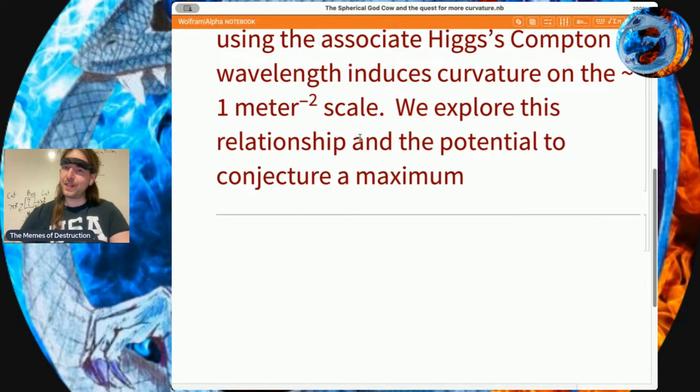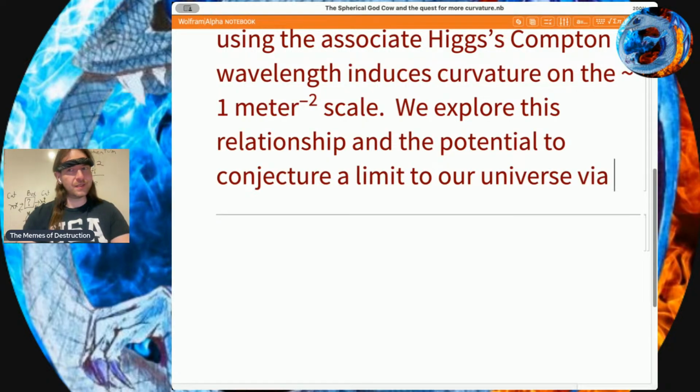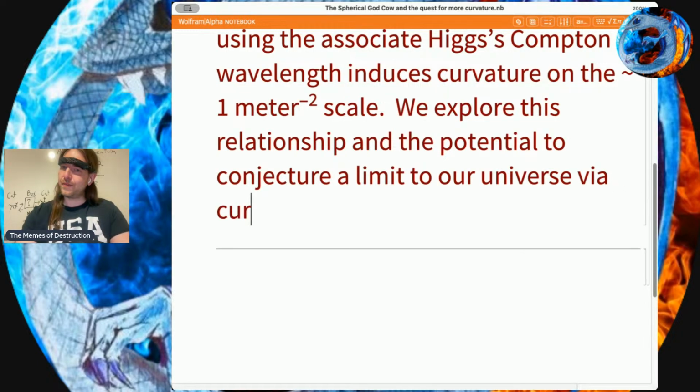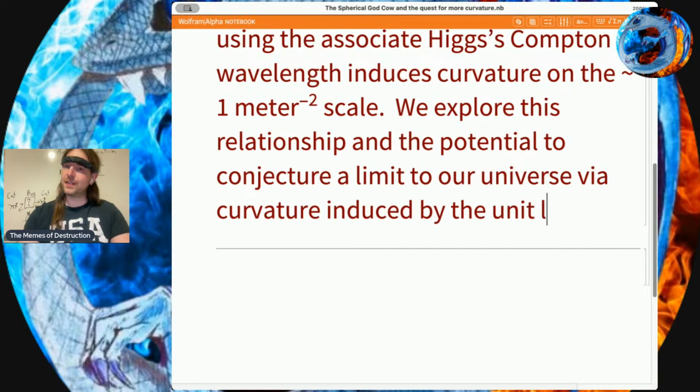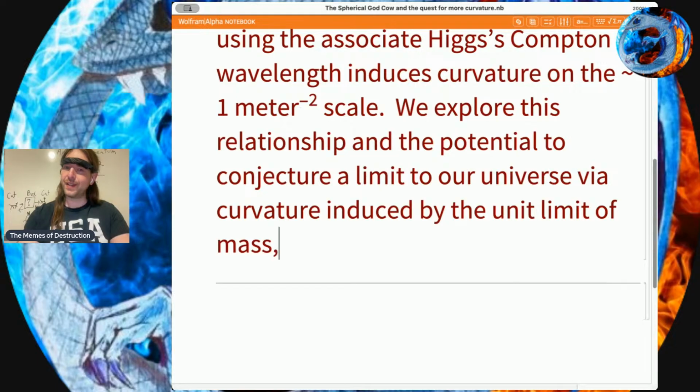Explore this relationship and the potential to conjecture a limit to our universe via curvature induced by the unit limit of mass, of Planck mass.